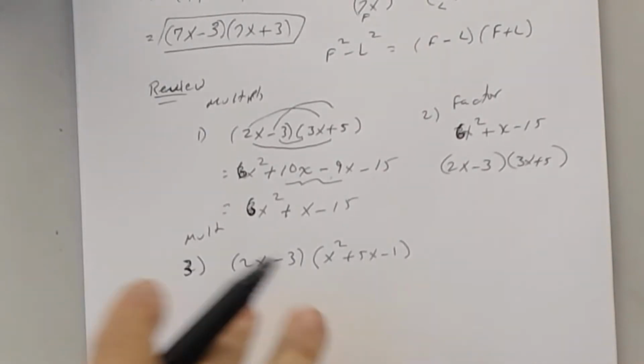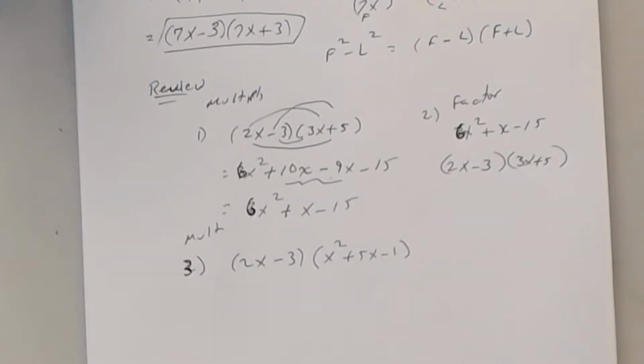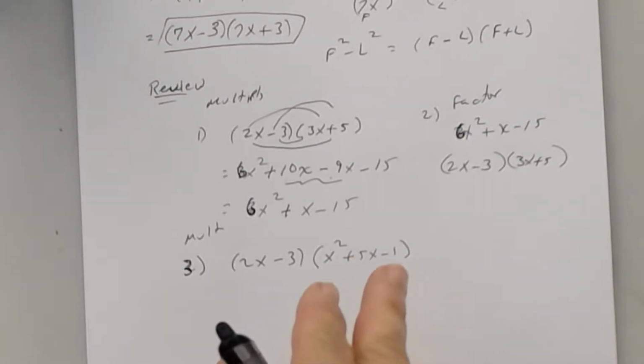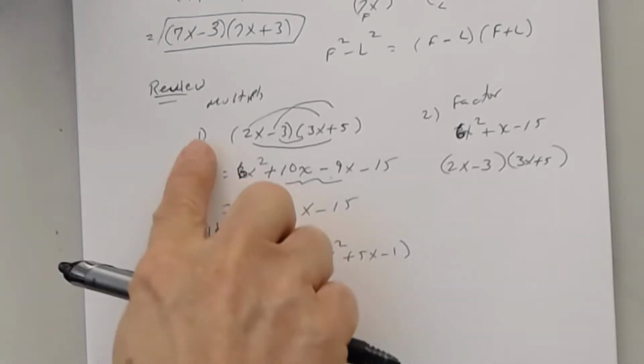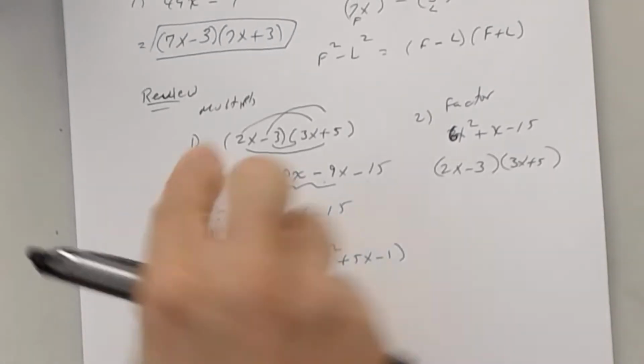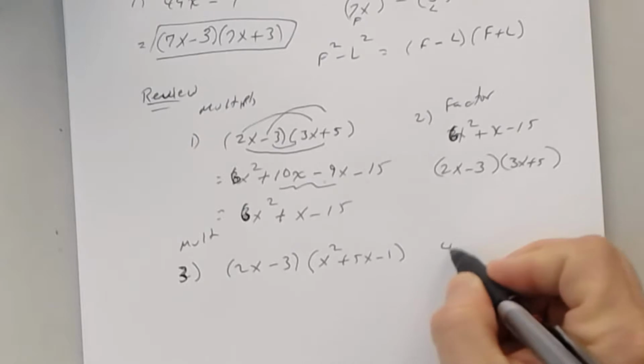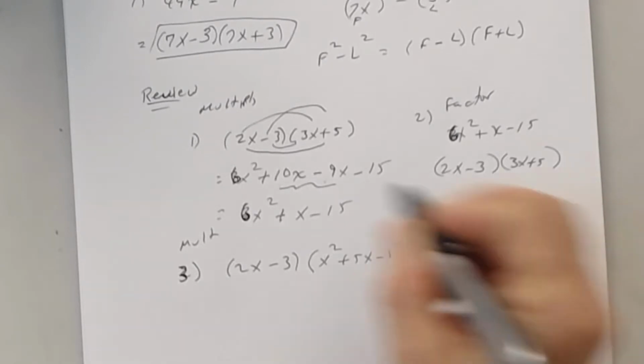First of all, can I use the FOIL method with this? No, the only time you can use the FOIL method is if you multiply a binomial times a binomial. This is not a binomial times a binomial. That's a binomial times a trinomial. Now, chances are you forgot how to multiply a binomial times a trinomial. So I'm going to go back to number 1, and I'm going to multiply number 1 again.